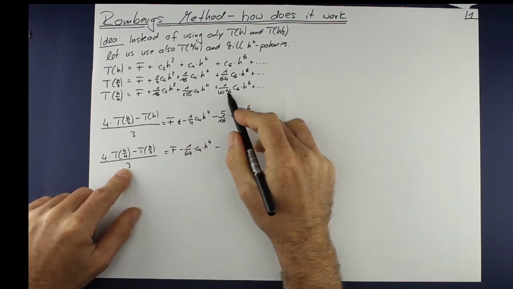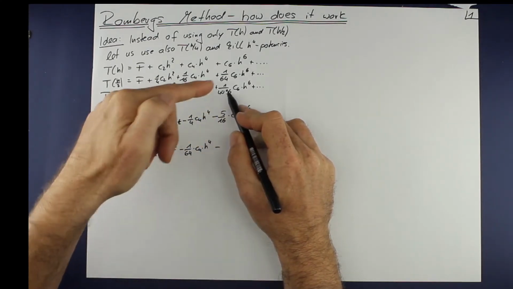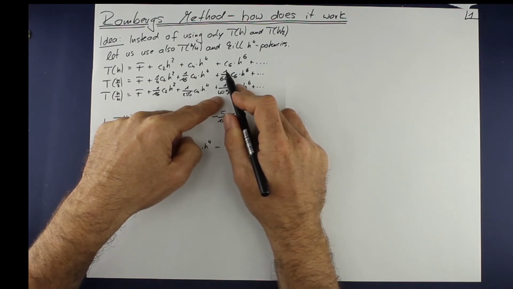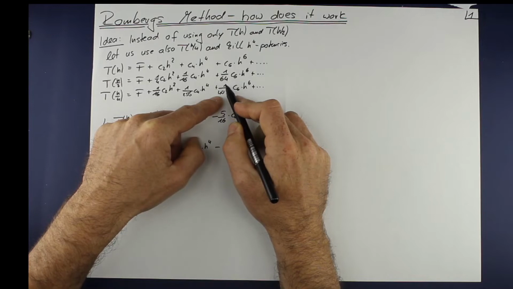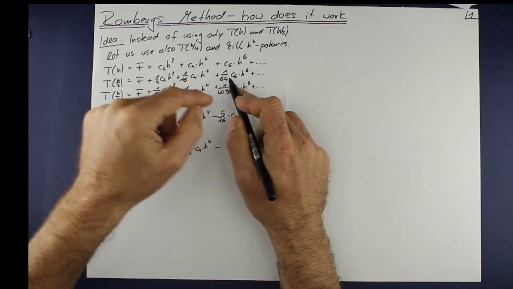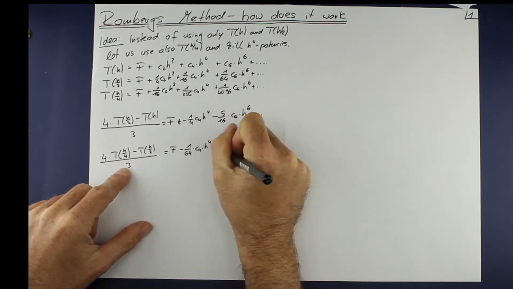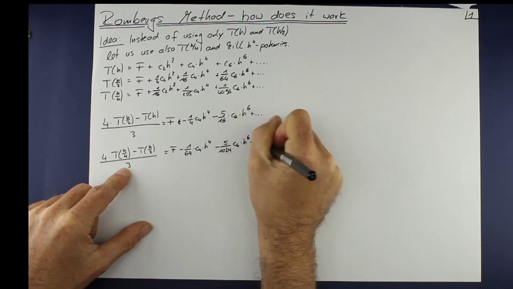And then let's do the job here. 4 times that is 1 divided by 1024 minus that. So multiply the numerator and the denominator with the factor 16. So we get 1 divided by 1024 minus 16 of that is minus 15, divided by 3 is minus 5 divided by 1024 C6 h to the 6th power.